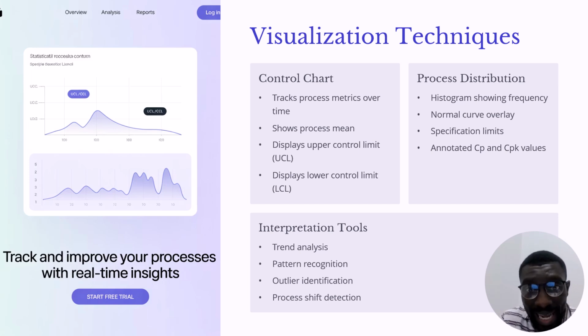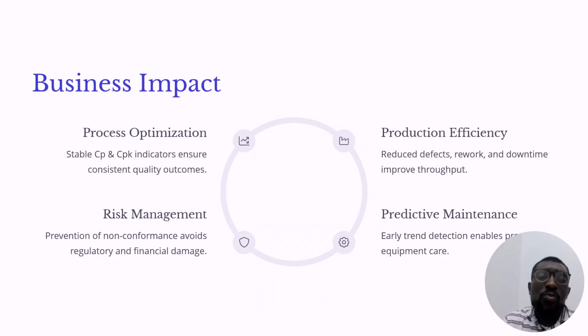So we use trend analysis, pattern recognition, outlier identification, and process shift. In our case, our pattern was within limits, which indicates that we were good. The process was actually good to go and capable. Well, why do we care about this?